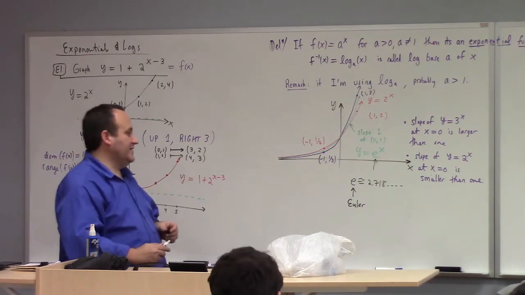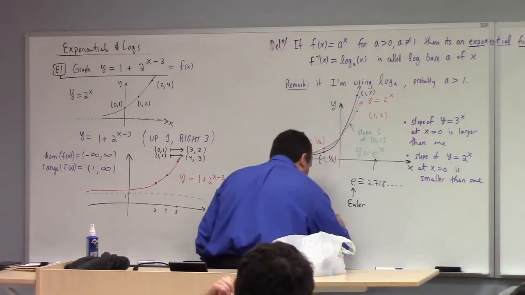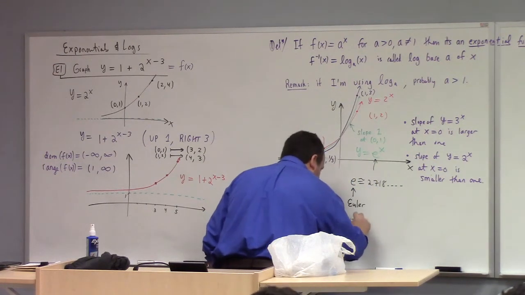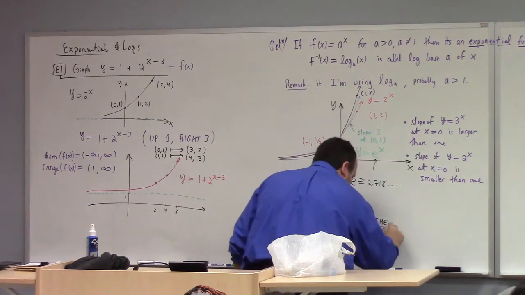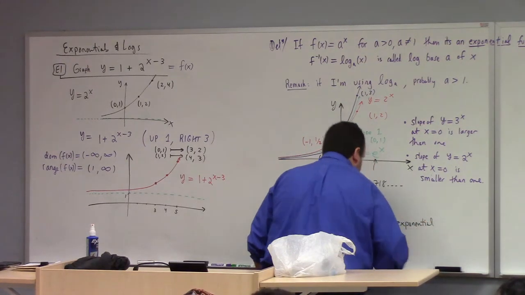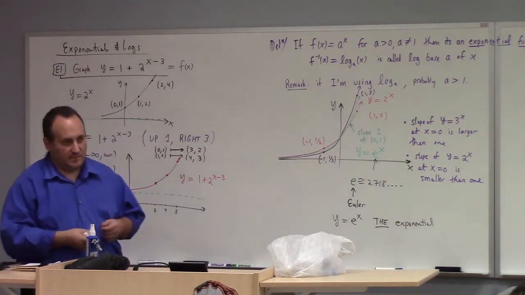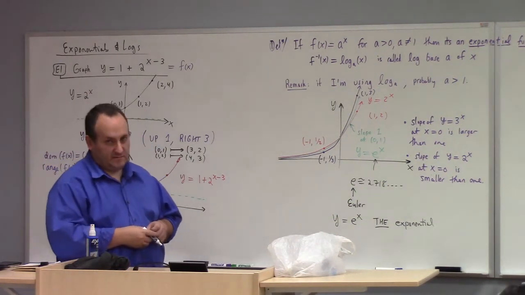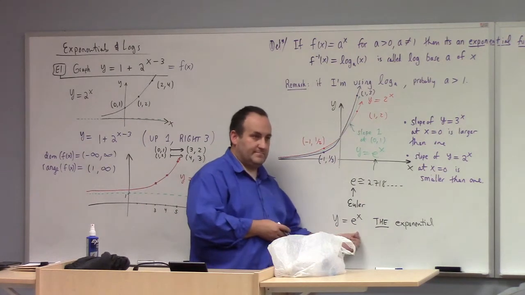All right, and I would say that y equals e to the x is the exponential, because it is the most important one. So if you hear a mathematician talking about an exponential function, odds are what they mean is this one.